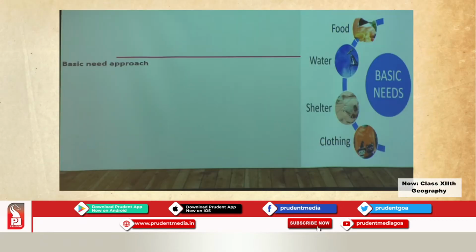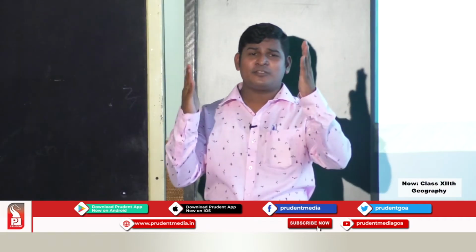Now according to this approach, there are 6 basic needs which have been identified by the International Labour Organization. Now, which are those 6 basic needs?